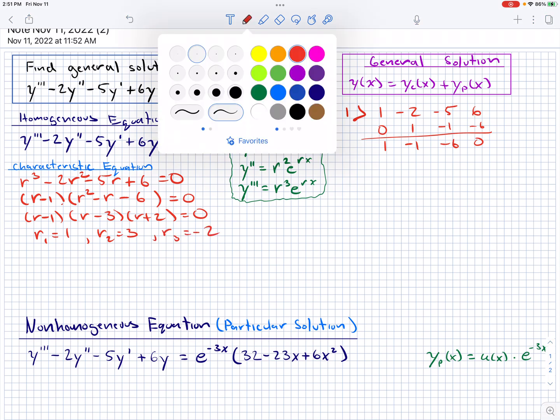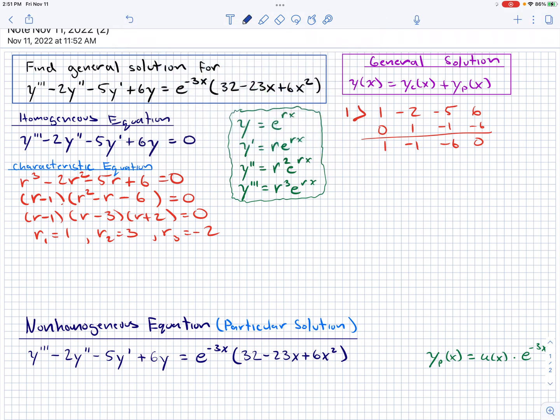And this is nice because it gives us three independent solutions: y1 equal to e to the t, y2 equal to e to the 3t, and y3 equal to e to the negative 2t.